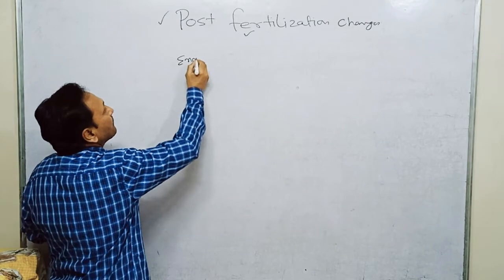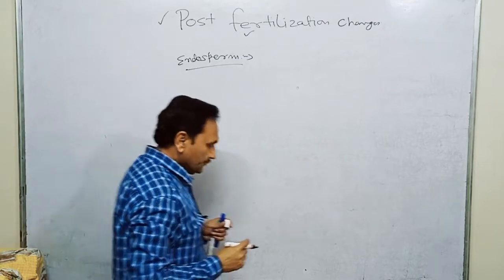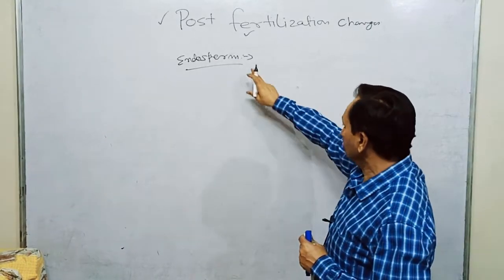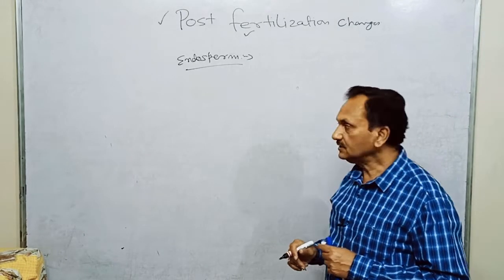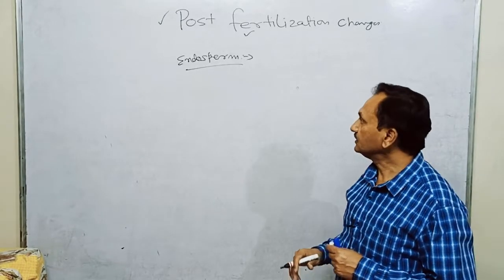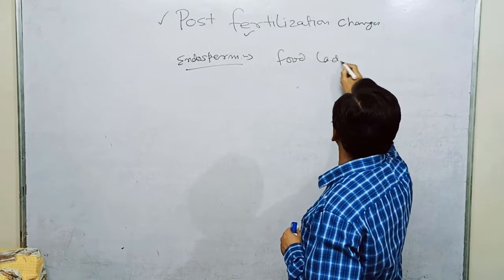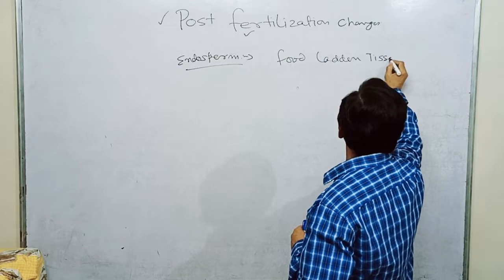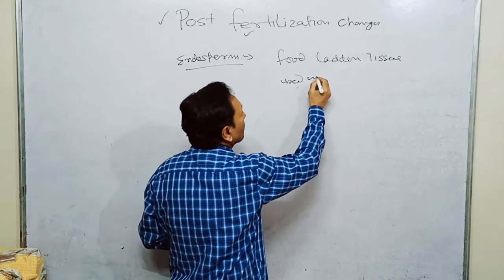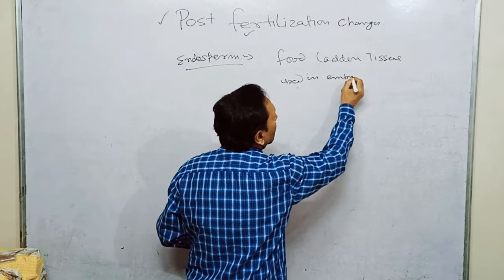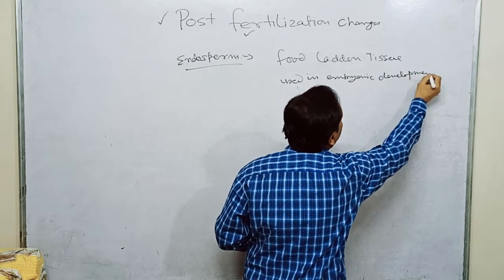Endosperm. It is food-laden tissue. In gymnosperms it is not 3N but N condition, but in angiosperms it is 3N condition, and this endosperm is a food-laden tissue used in embryonic development.